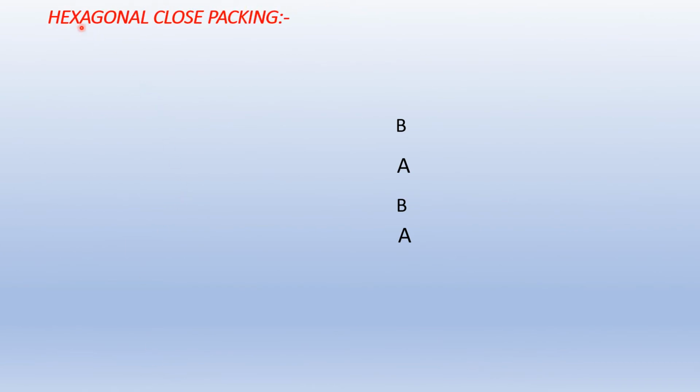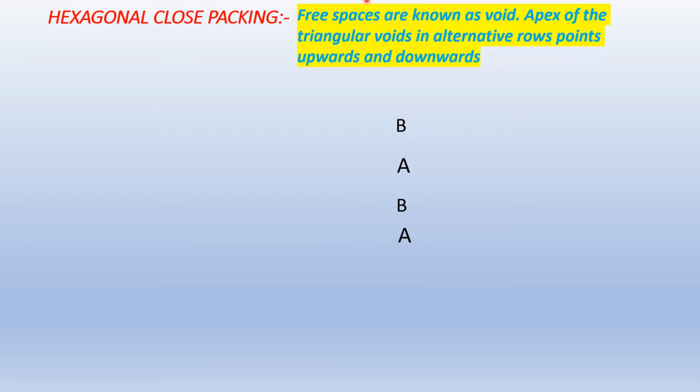Continuing with hexagonal close packing, the free space is known as void space. The apex of the triangular voids in alternate rows points upward and downward.